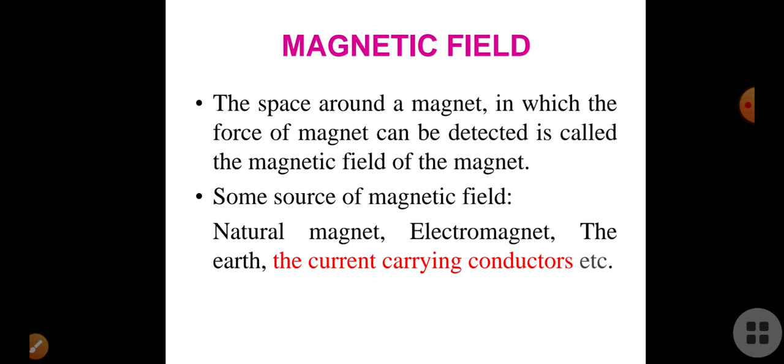Now, as we say that a magnet shows a magnetic field, what is the meaning of magnetic field? Magnetic field can be defined as the space around a magnet in which the force of the magnet can be detected. Suppose we have a bar magnet and it attracts an iron piece or another bar magnet.